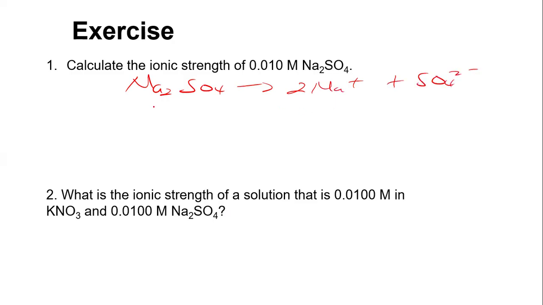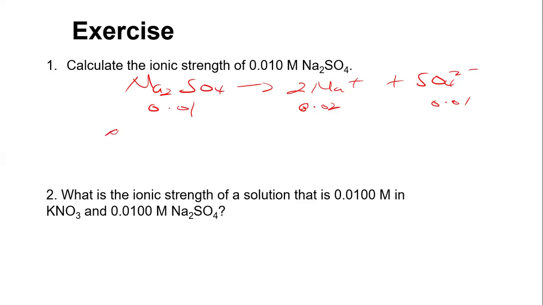Now we have 0.01 molar here. The sodium will become 0.02 because of the 2 here, and the sulfate will still be 0.01. The idea is that 1 mole of this gives 2 moles of this and 1 mole of that, so you must be proportionate when you are considering that.